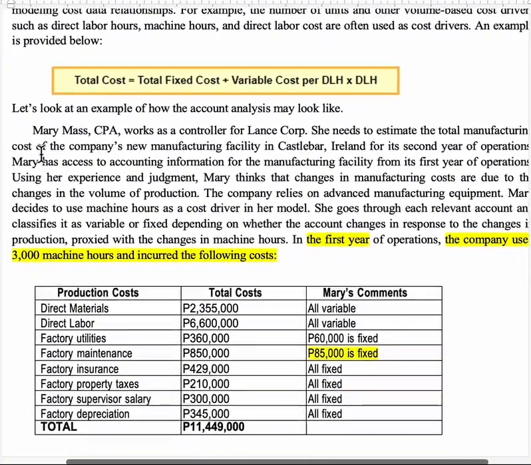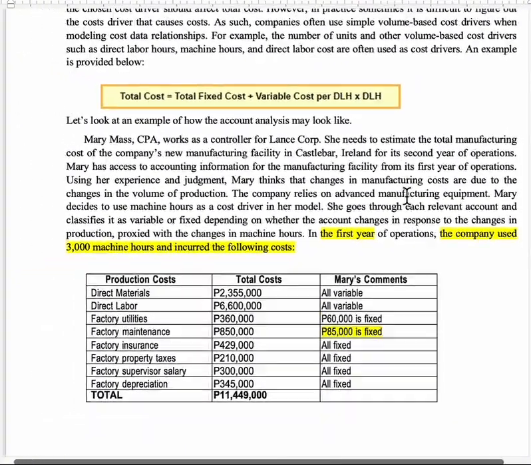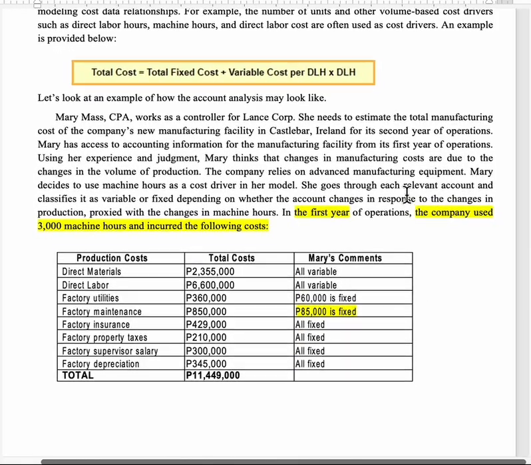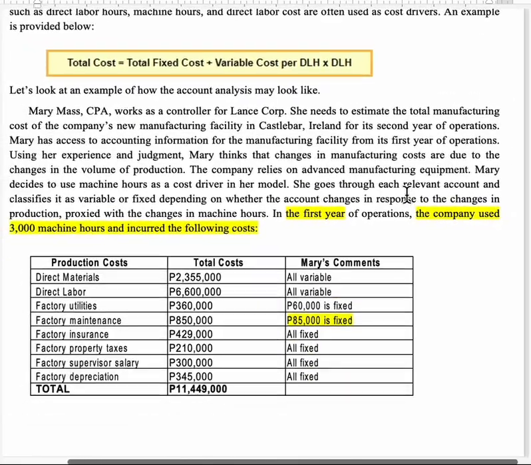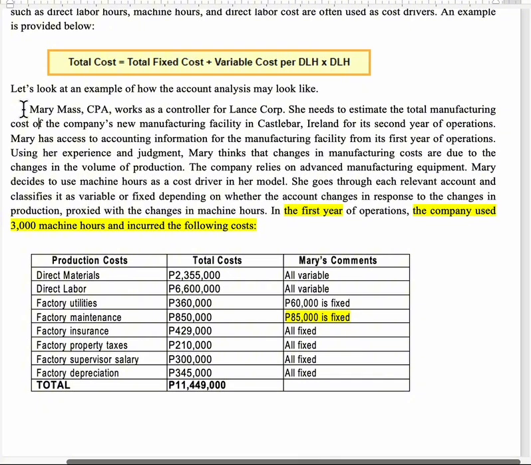The sample problem would look like this. Mary is a CPA, and she has to analyze all these transactions. In the first year of operation, the company used 3,000 machine hours and incurred the following costs.